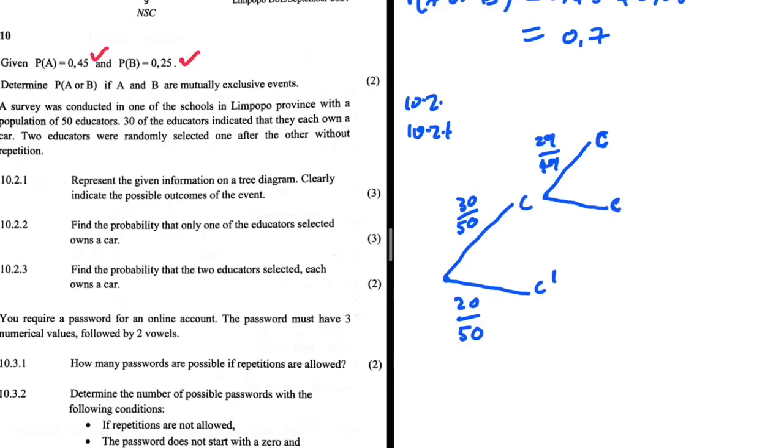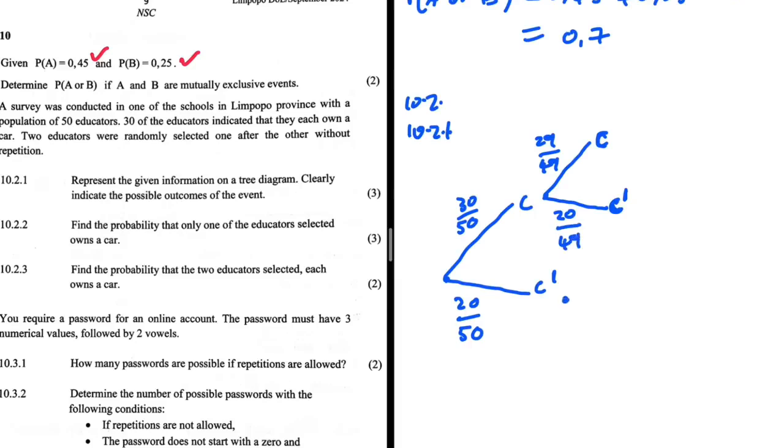And then let's take a look at the outcome of having a teacher with no car if the first teacher selected has a car. We still have 20 teachers with no cars because the first teacher selected is a teacher with a car. But our total of teachers now is 49 because we have removed one teacher.